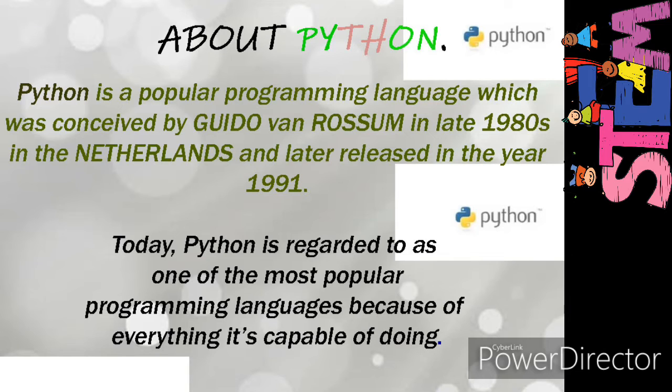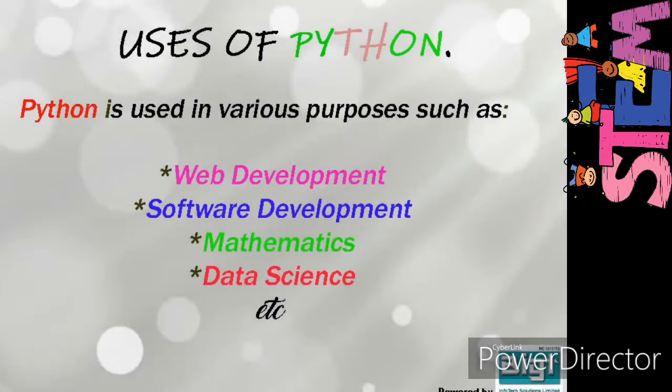So this man Guido conceived the idea of Python in the late 1980s, worked on it, and 11 years later, the Python programming language was released in 1991. Python is regarded as one of the most popular programming languages because of everything it's capable of doing. In this course, if you continue with us, we're going to talk about different things that will make you believe why Python is one of the greatest programming languages.